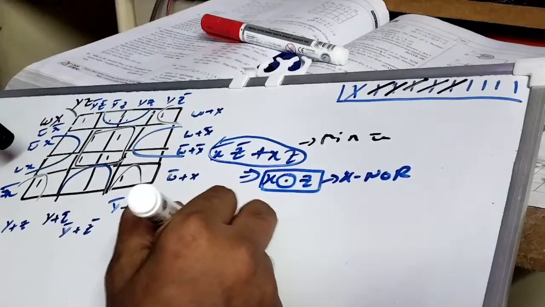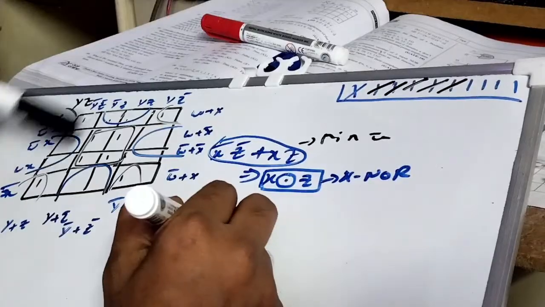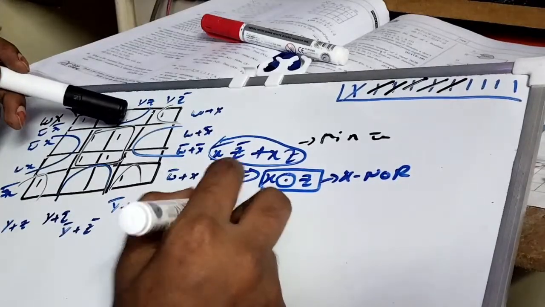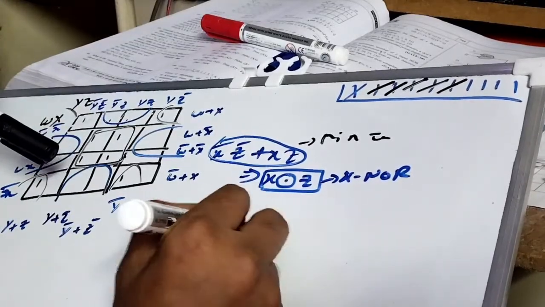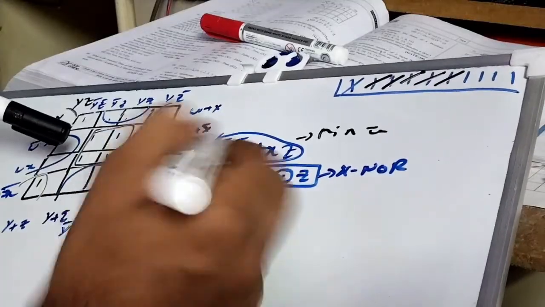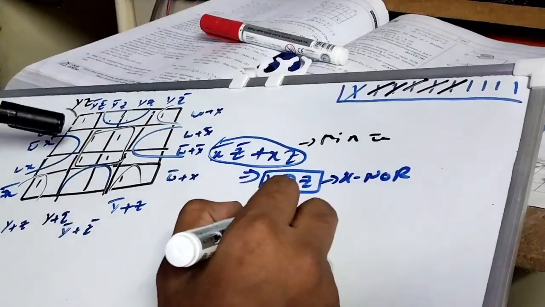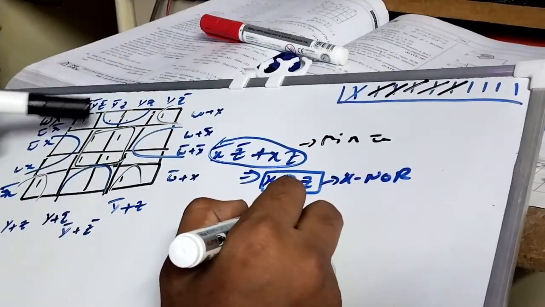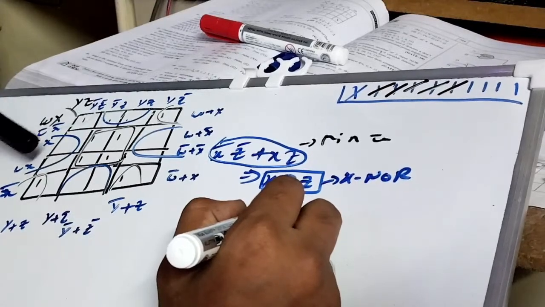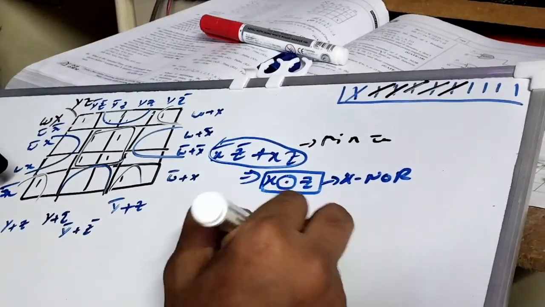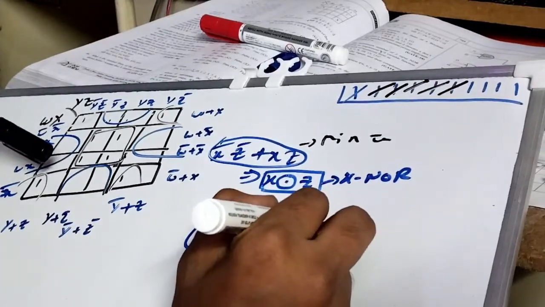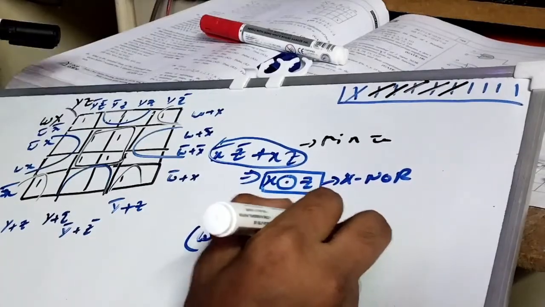The W plus, these two get common as Z: W plus X into B plus Z not, X not into. Just complete these two terms, get X as common plus Z bar as common.